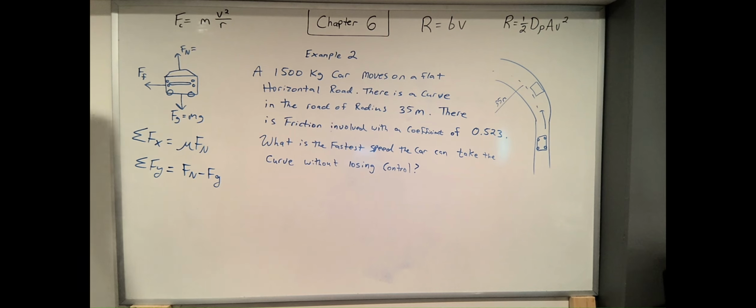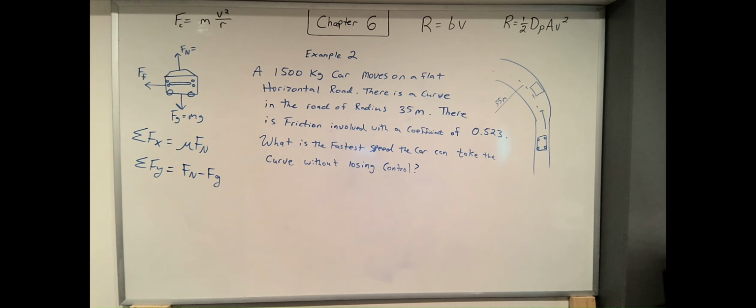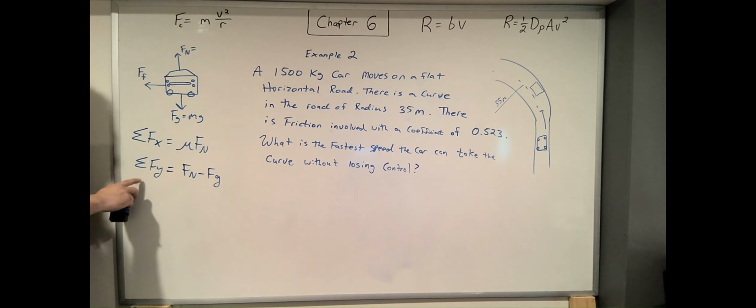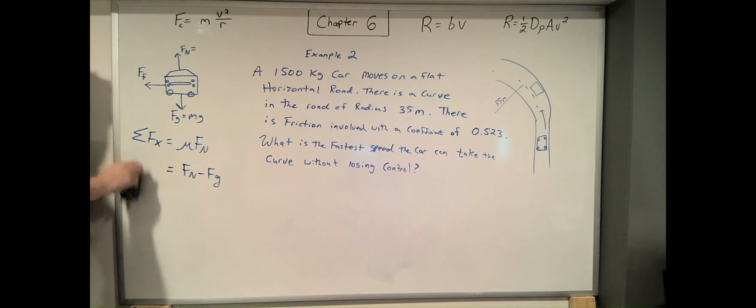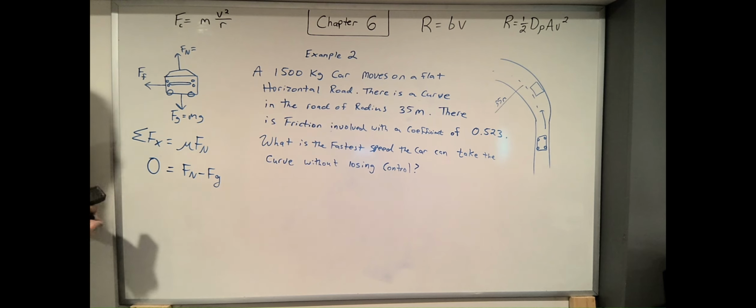What else is happening here? If I have the sum of the forces in the y, it's asking, is there any acceleration in the y? Is the car jumping up and down at all in the y direction? The answer to that is no. It said it was a horizontal road on purpose. So I can take my sum of the forces in the y direction and make them zero because there is no acceleration there.